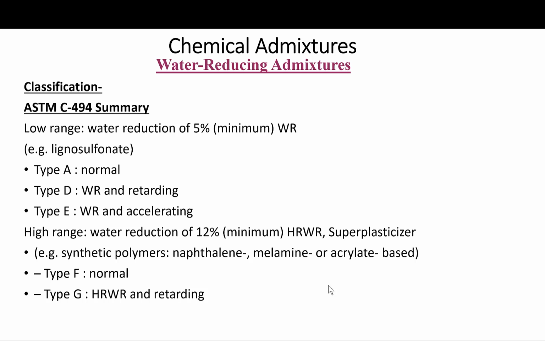We have the high range water reducers, with water reduction of 12% minimum. Again, the high range water reducers, or superplasticizers. Examples of these are the synthetic polymers, the naphthalene, melamine, or acrylate-based products. We have the type F, which is the normal superplasticizer, and the type G, which is superplasticizer, high-range water reducer, and retardant at the same time.